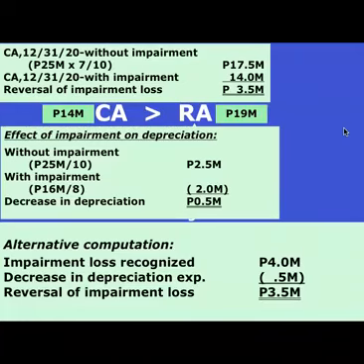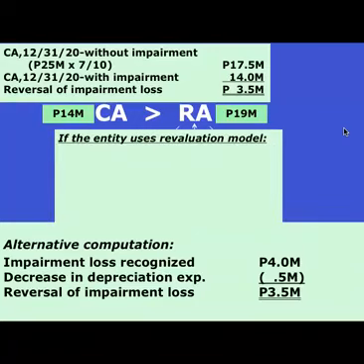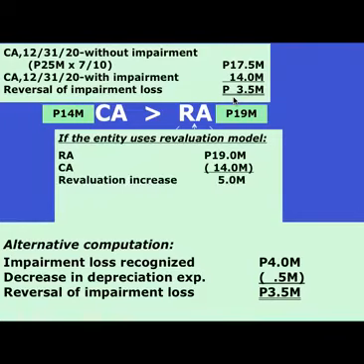So, what does it mean? What if the entity used revaluation model? So, ganito mangyayari dyan. Kung ang ginagamit ng company ay revaluation model. Okay? So, magkano yung RA? 19. Magkano yung CA? 14. So, if the entity uses the revaluation model, the difference is called revaluation increase. Normally, where to recognize revaluation increase?